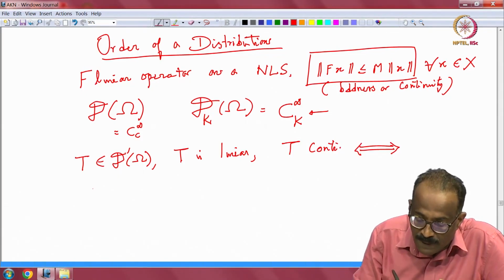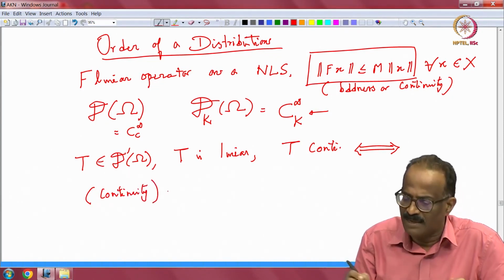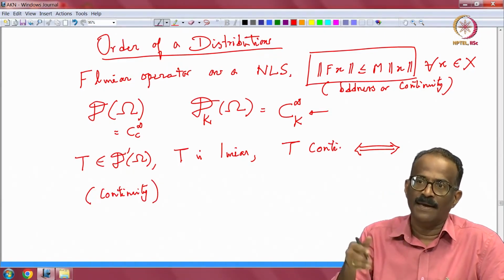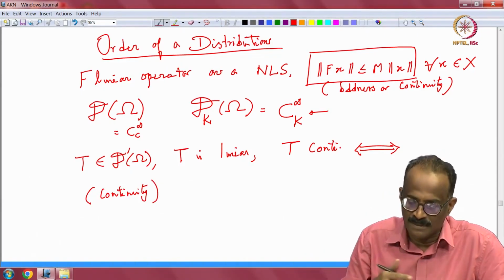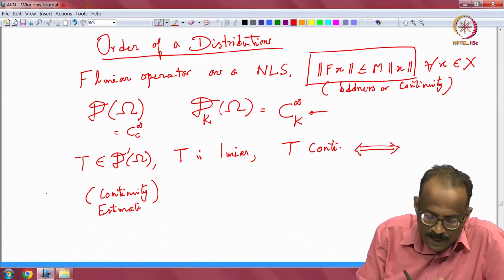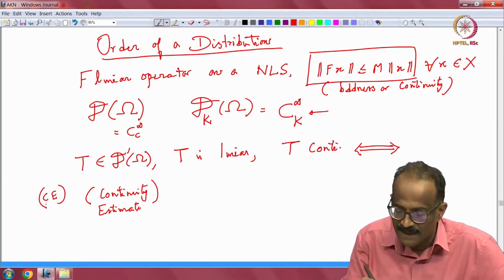This is called the continuity estimate. I am not going to prove it here completely, but the proof is not that difficult. If you look back at the topology defined on D_K, you can see that this continuity estimate is what we are going to use. Okay, what is a continuity estimate?